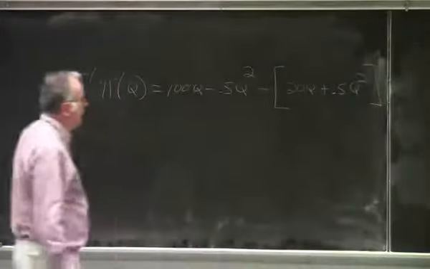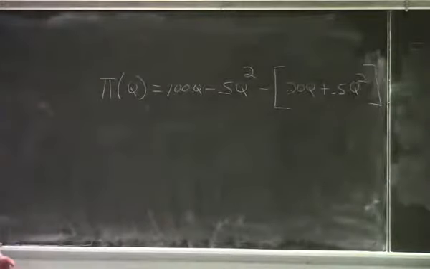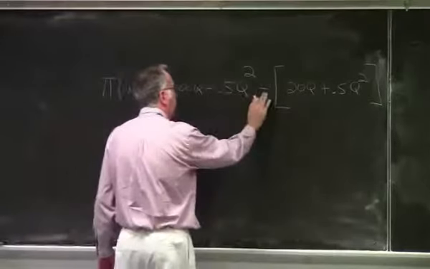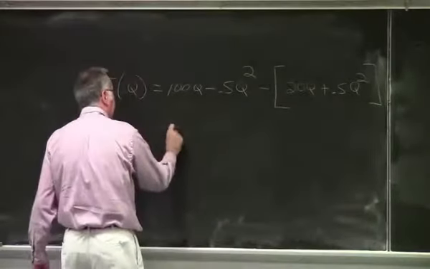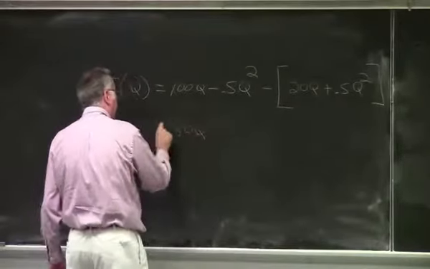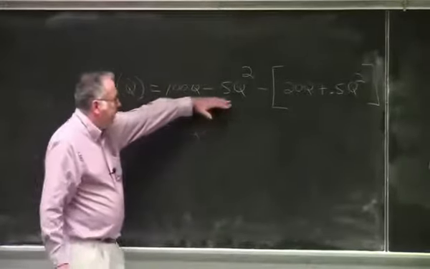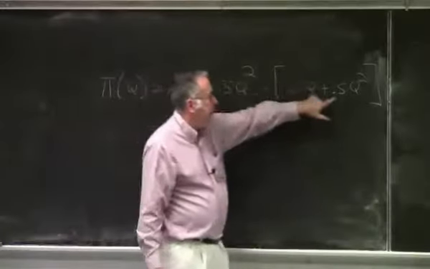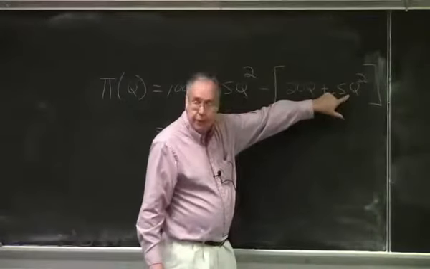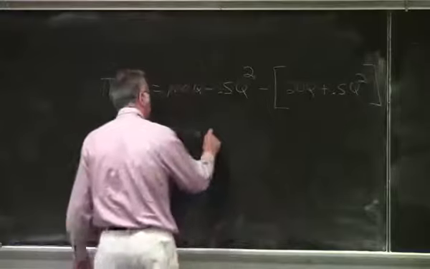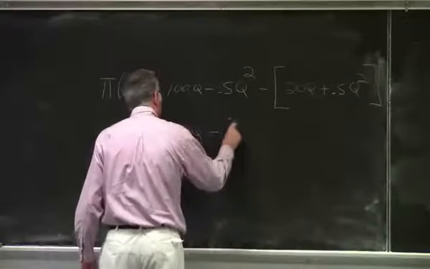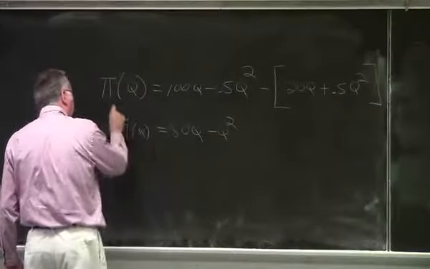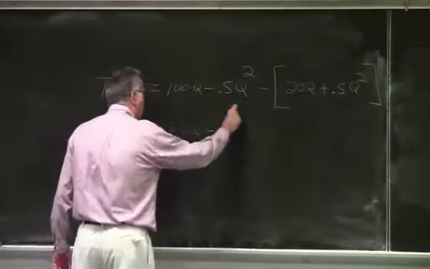Okay. We can simplify this expression a bit by collecting terms. So we got 100Q minus 20Q, that'll give us 80Q. We got a minus 0.5 Q squared here. Then we have another minus 0.5 Q squared there. So we get a minus Q squared. Okay. So that is our objective function.